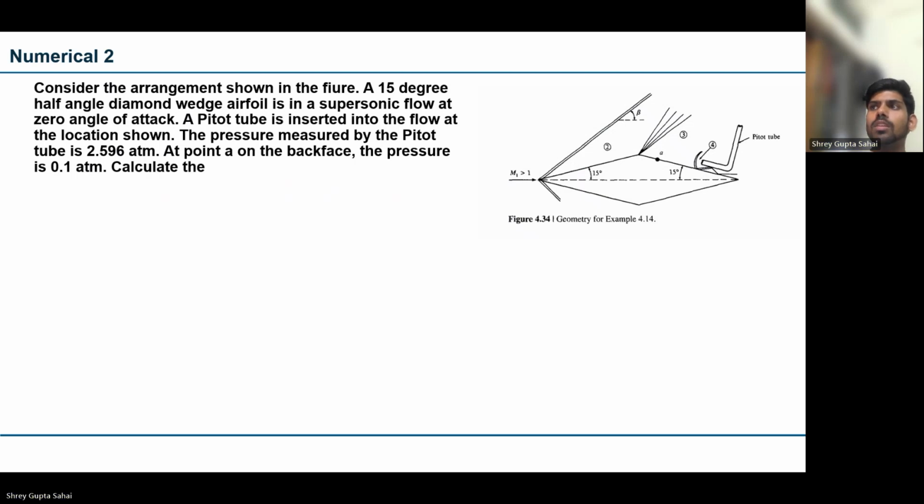Calculate the free stream Mach number. And so this is the question that we are going to do now.